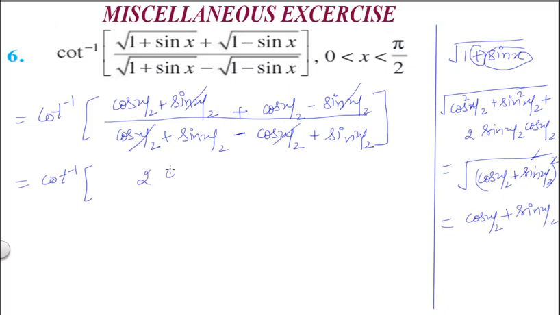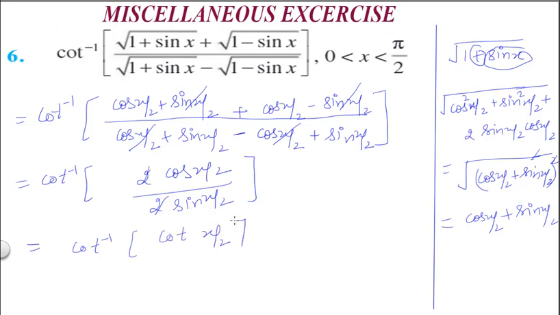In the numerator, we are left with 2 times cos of x by 2. In the denominator, we are left with 2 times sin of x by 2. 2 and 2 will get cancelled. Cos x by 2 and sin x by 2, when they are divided, they form cot of x by 2, which can now be written as x by 2 only.